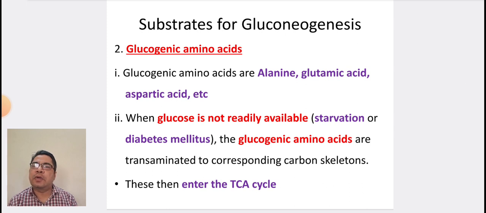Second substrate is glucogenic amino acids. Glucogenic amino acids are alanine, glutamic acid, aspartic acid, etc. When glucose is not readily available, for example, starvation or diabetes mellitus, the glucogenic amino acids are transaminated to corresponding carbon skeletons.